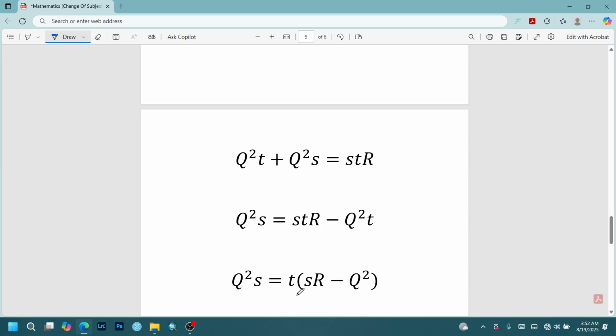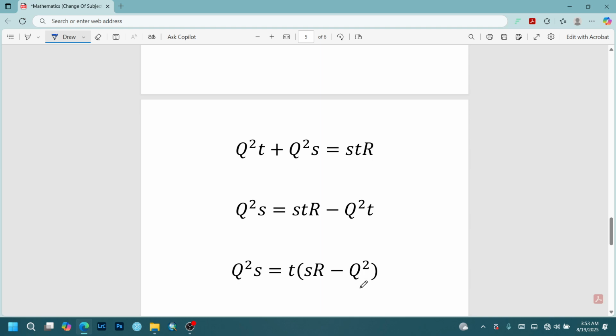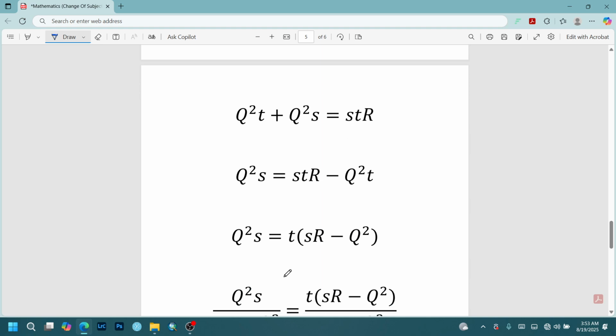So among t, which number or which variable in the world can you multiply for you to get negative k squared t, right? And the only variable in the world is negative k squared, right? So we are going to have our new equation to be k squared s equals t multiplying sr minus k squared, all in brackets, right?